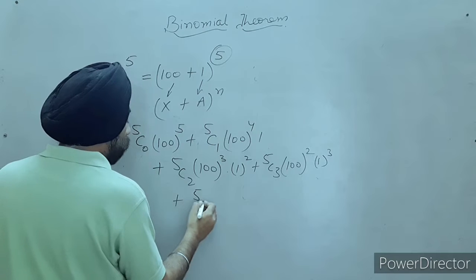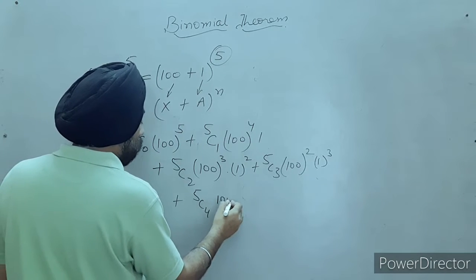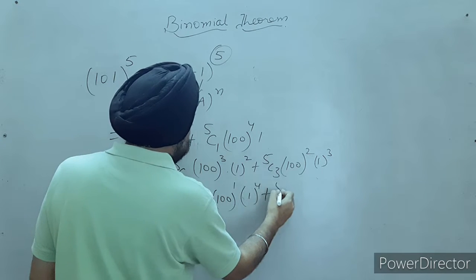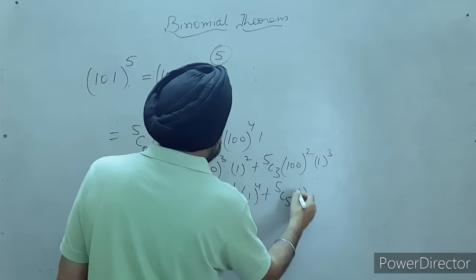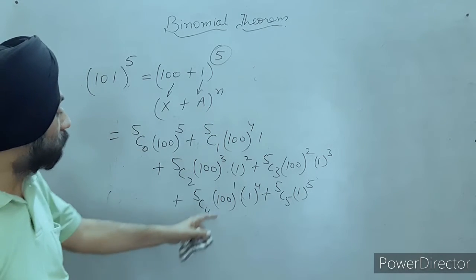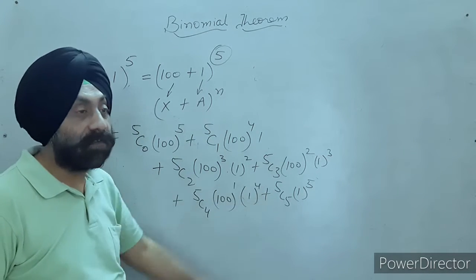Then plus 5c4 100 into 1 raised to power 4. Last term will be 5c5 1 raised to power 5. There won't be any 100 because it will be 100 raised to power 5 minus 5, that is 0.